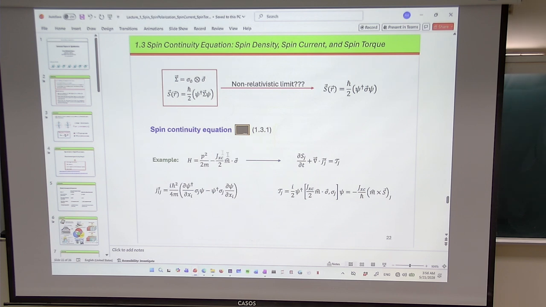The Hamiltonian of this model is given by this expression here, and you can use this to calculate the spin torque, which is essentially given by the commutator of this term with the Pauli spin matrices. So you get that the torque is just the cross product between the direction of this exchange field and the spin.